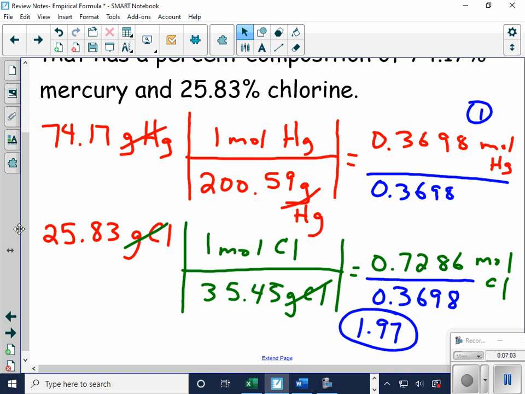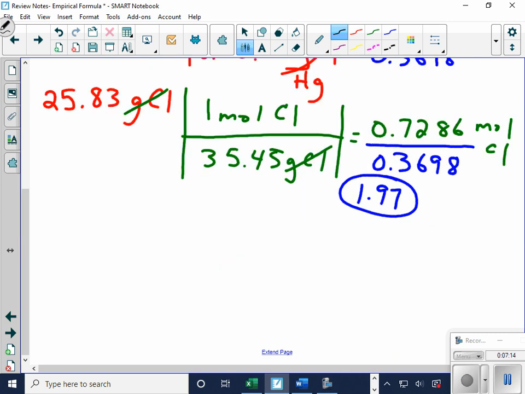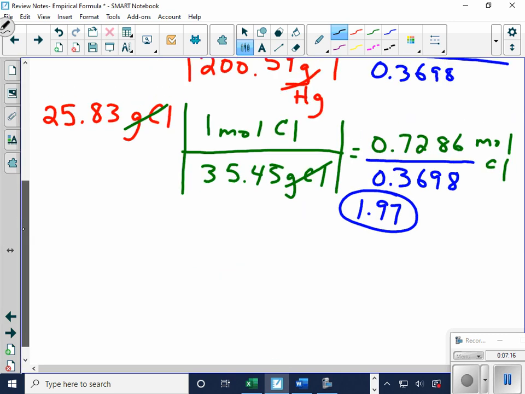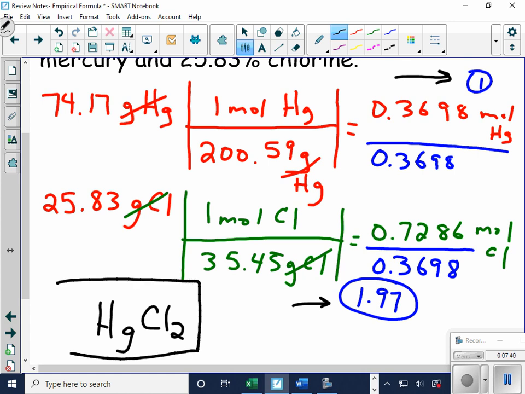So is that pretty close to a whole number? I would say yes, it is. So my empirical formula with this is going to be Hg is 1 right here, and Cl is going to be 2, because that's very close to the whole number 2. So my empirical formula is going to be HgCl2.